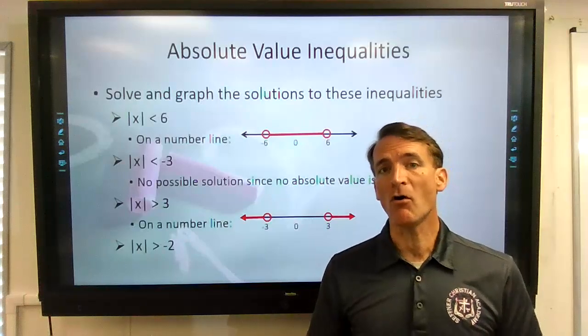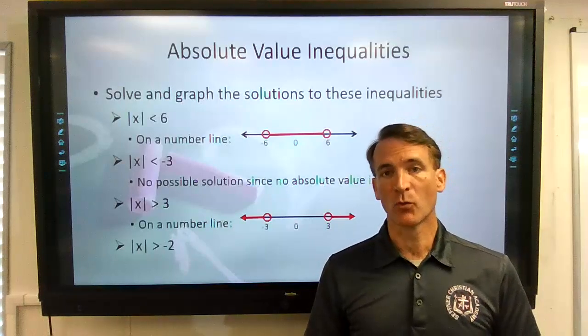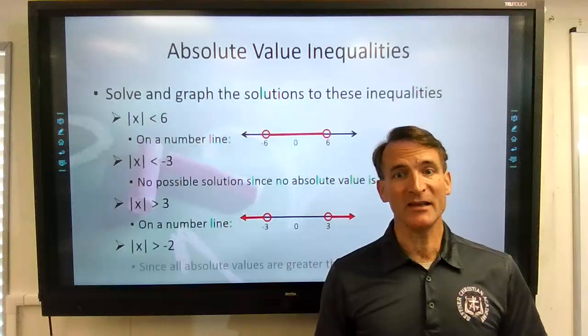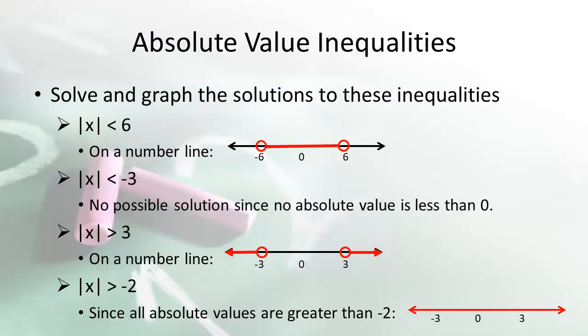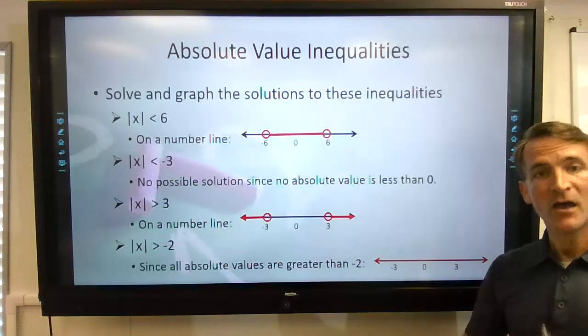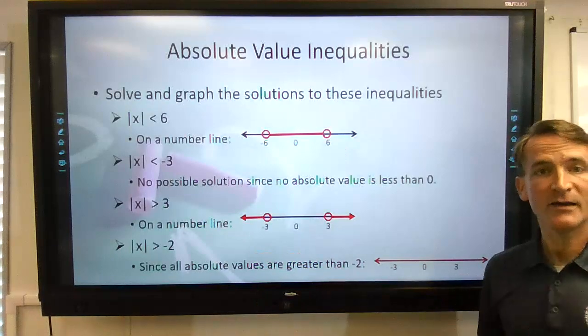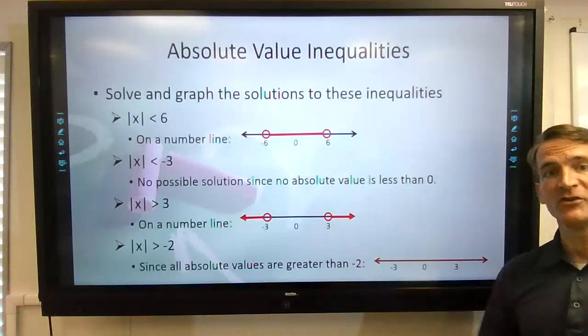In fact, all absolute values are greater than a negative value. So for this particular set, it is all real numbers. On our number line, we would have basically all values included, so we would have arrows going in both directions. All points on the number line are going to be true for this particular problem.